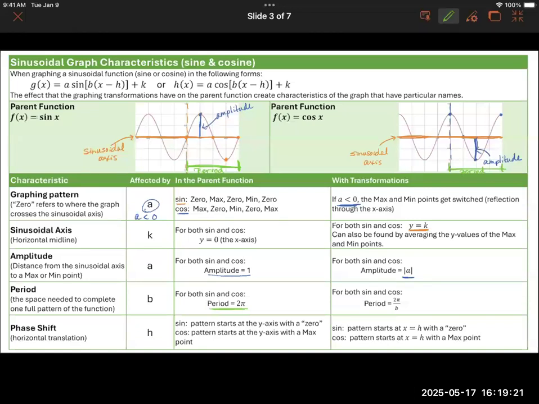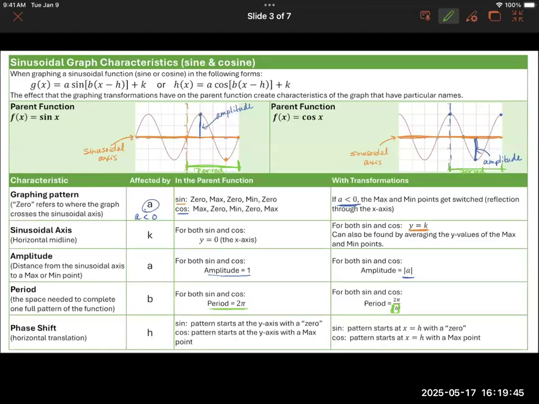So we find the period by taking the 2 pi, that is our normal period from the parent function, and then we divide by whatever b is. And again, technically we should be talking about the absolute value of b, because we don't care if b is a negative value or not.